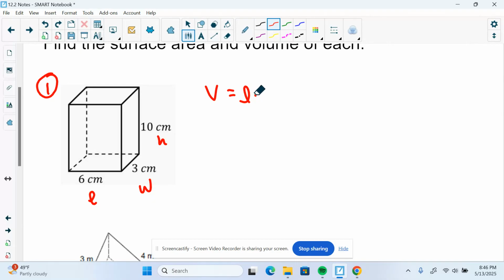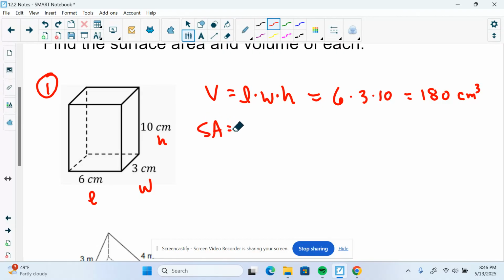Volume equals L times W times H. And then I just plug in the numbers. 6 times 3 times 10. We grab a calculator and we do that math. Or we do 6 times 3 is 18, times 10 is 180. And we're going to put some units on that. That will be cubic centimeters. Please label your answers with units.